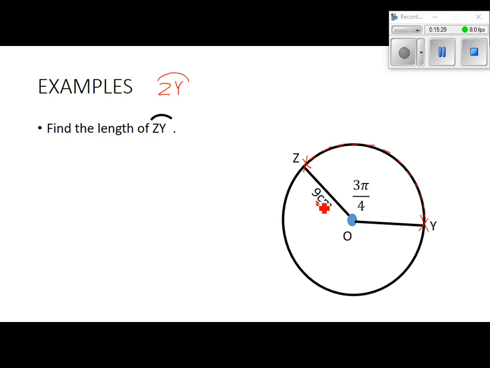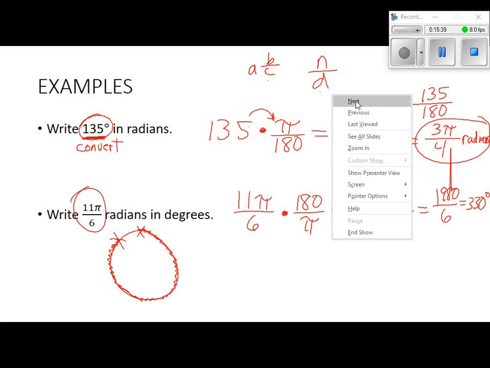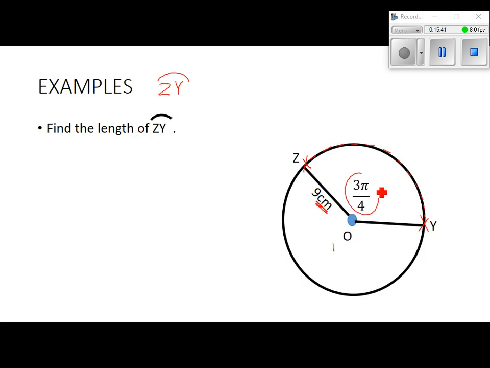Well, there's several different ways we can do this. One of the ways is we got this angle here, and it's in radians.